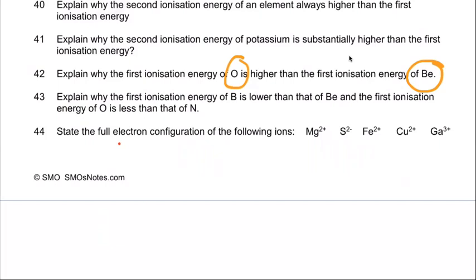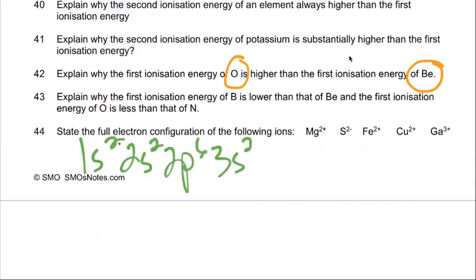Normally copper would be 1s2, 2s2, 2p6, 3s2, 3p6, 4s. So if copper followed the rules, it would be 4s2, 3d9.